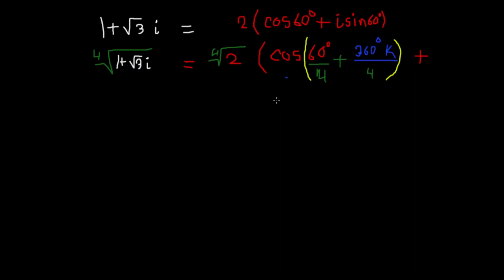Plus I sine of the same thing, 60 degrees over 4 plus 360 degrees times k over 4.